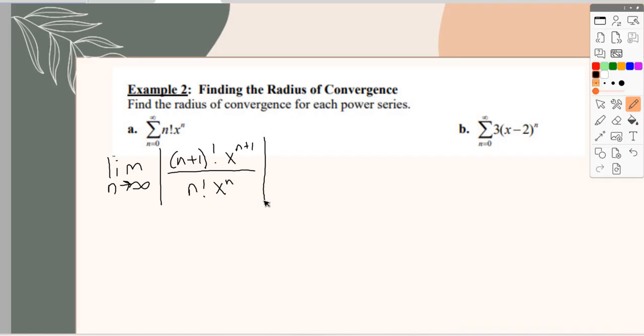And again, this limit is in terms of n. So I'm going to reduce some stuff and get an answer. My answer should just be in terms of x's, which is why we can use that to solve for our radius. So what would I do to simplify first?